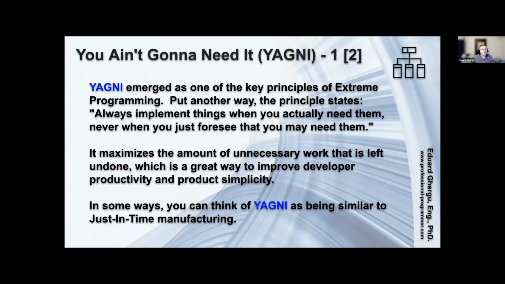Next, it's "you ain't gonna need it", or "you aren't gonna need it", a term that is interchangeable. It doesn't matter that much. The idea here is that, as I said, we should question ourselves whether it's really required to implement something.